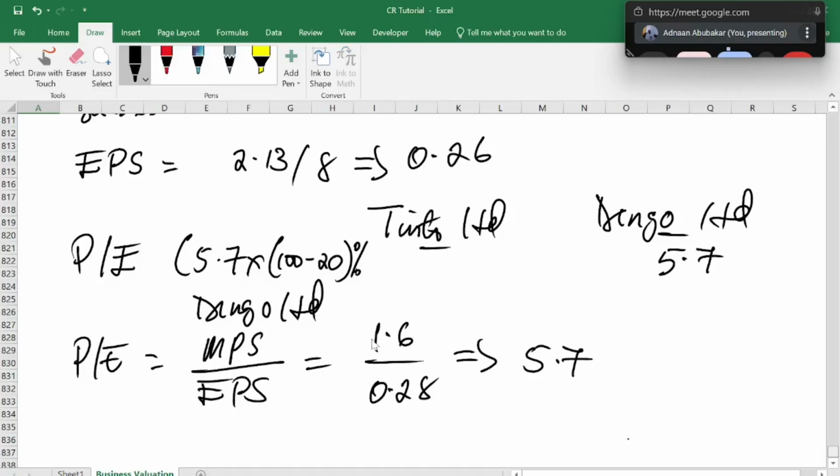When we divide 1.6 by 0.28, how much is it? 0.57. Do it and see. I need a calculator. I'm just following the answer you provided. Let me check. 0.57. Okay, let me see.